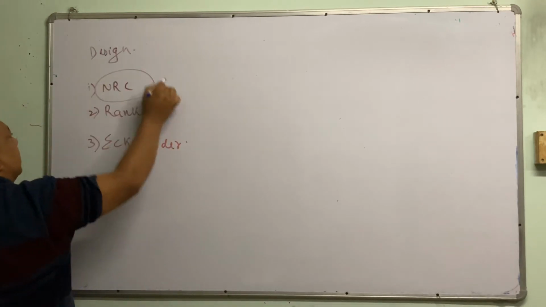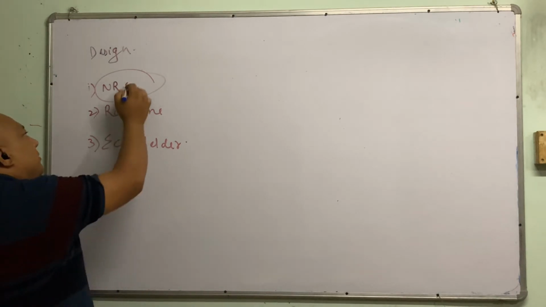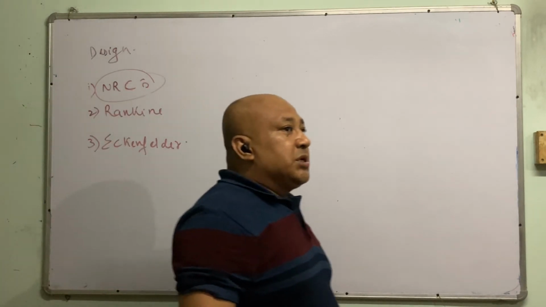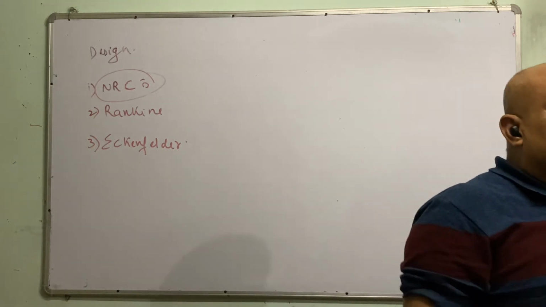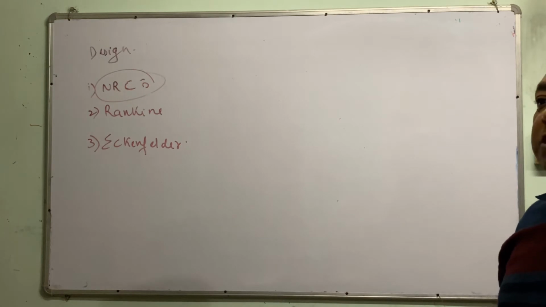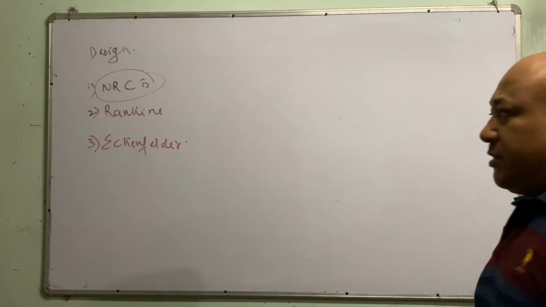Only this equation we'll be using, the NRC equation. But why I'm writing the equations is because sometimes in the 2 marks they ask to match the following. Eckenfelder: this equation is used for what? It is for design of a trickling filter.